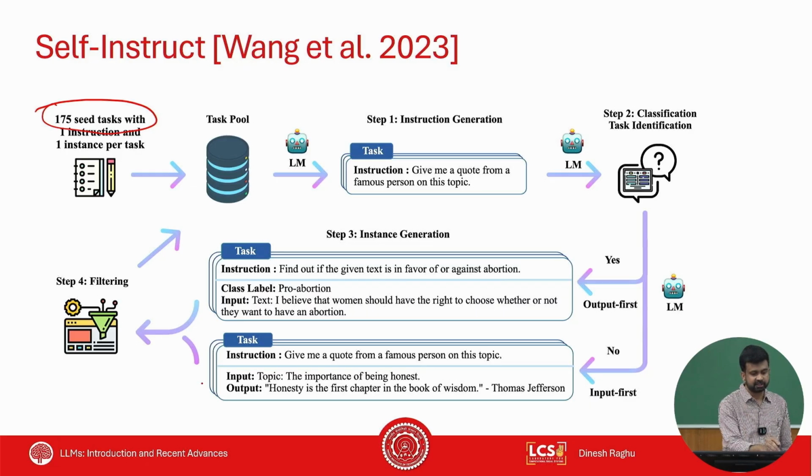So just with 175 seed examples, you end up getting a lot of information from the model itself on how to instruct fine-tune it. So what you end up getting is an instruct fine-tune dataset. Now you can use this dataset to actually instruct fine-tune the model itself. So here distillation is coming from gathering as much knowledge from the model as possible.